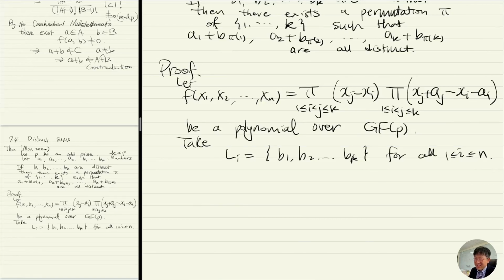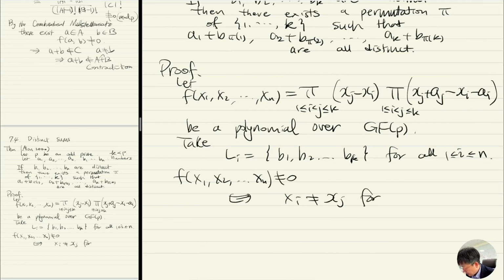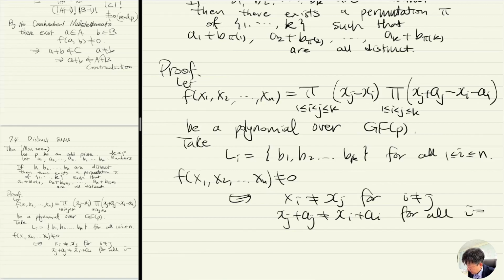And if this polynomial is non-zero, what does that mean? If f of x1, ..., xk is non-zero, that means xi is not equal to xj for all distinct i, j, because of this term. And because of that term, xj plus aj is not equal to xi plus ai for all i different from j.